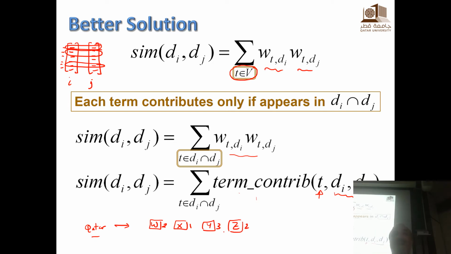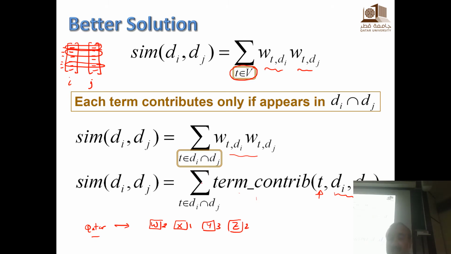Now, again, the question: can we know which pairs of documents Qatar will contribute to their similarity? Yes. Shouldn't it be each of those pairs, WX, WY, WZ, XY, XZ, and YZ? Very good. Why? Because we need to form pairs of 2 from each of them.